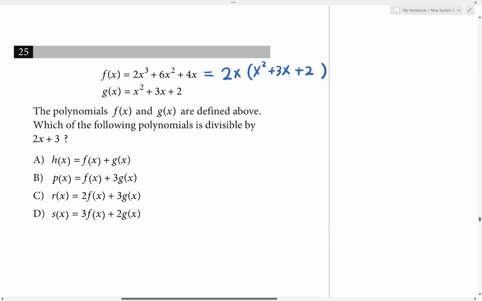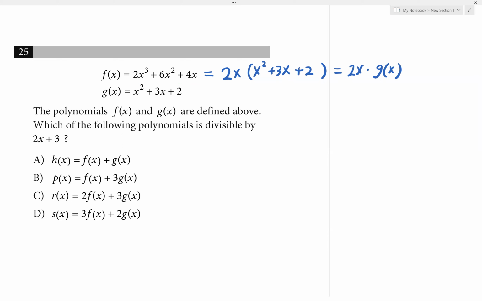This is actually the same as the g of x function, right? So we can say the f of x function is actually equal to 2x times g of x.